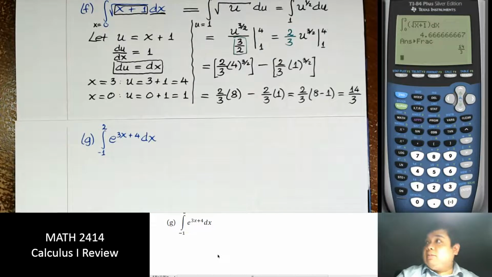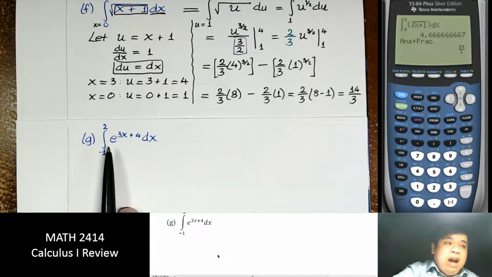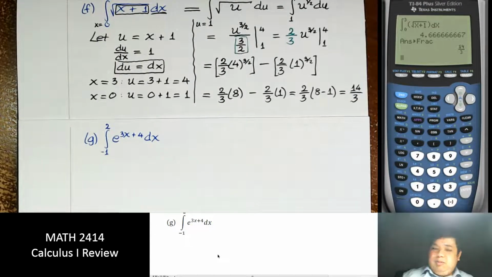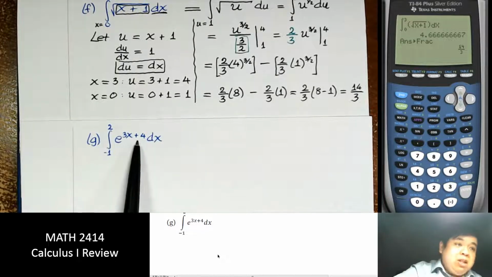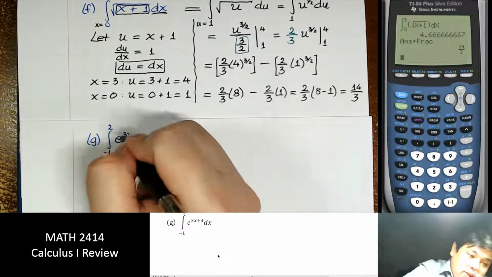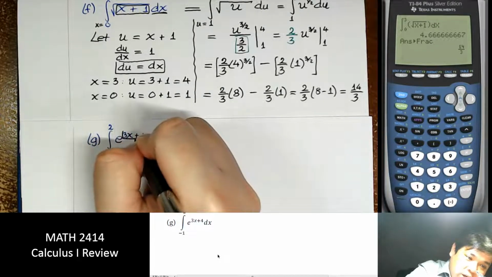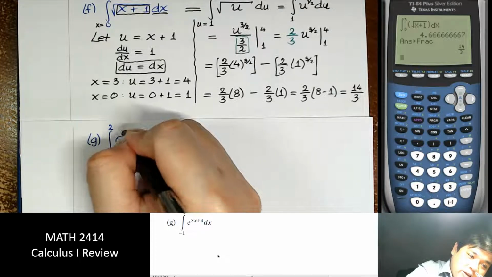Right. So we have e to the x, which is good. E to the 3x also good. The problem is the plus 4, right? So we use substitution again for 3x plus 4.